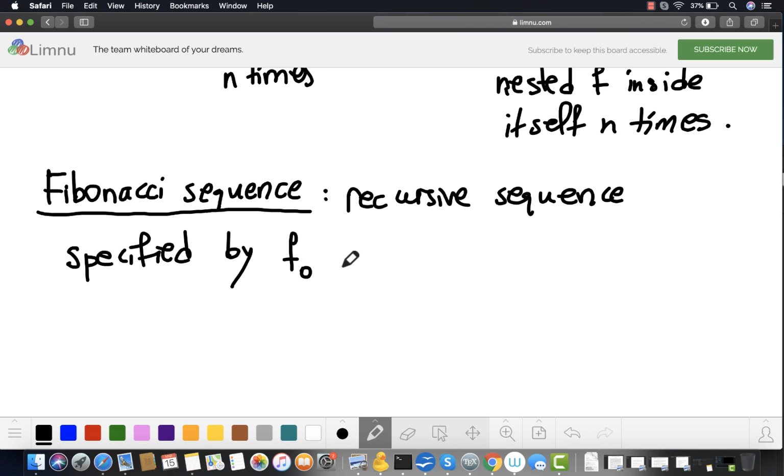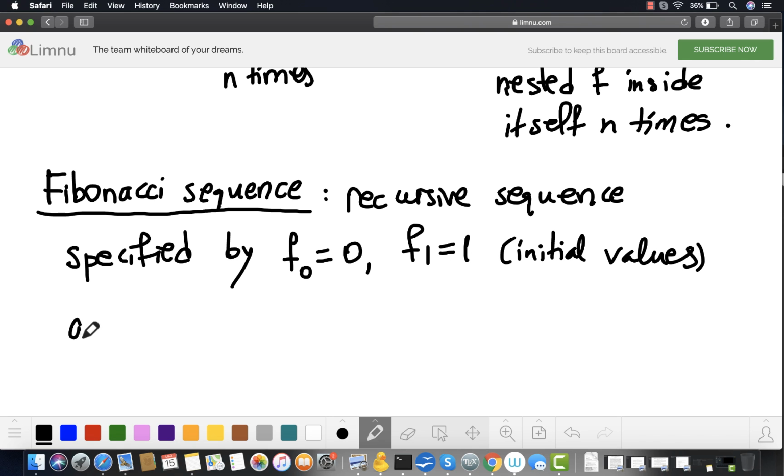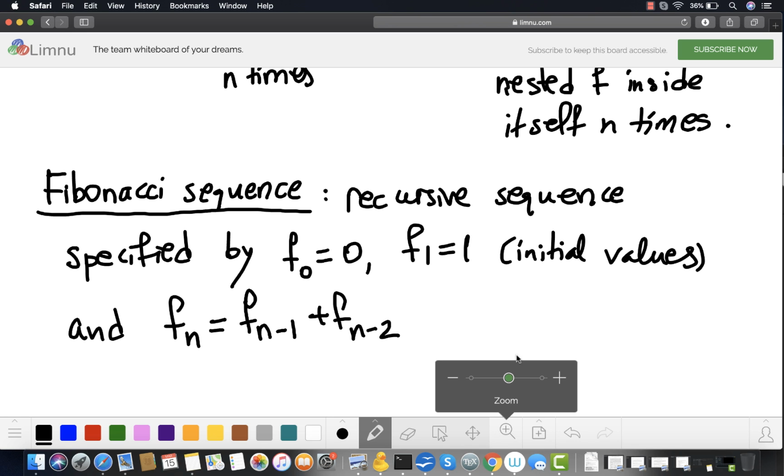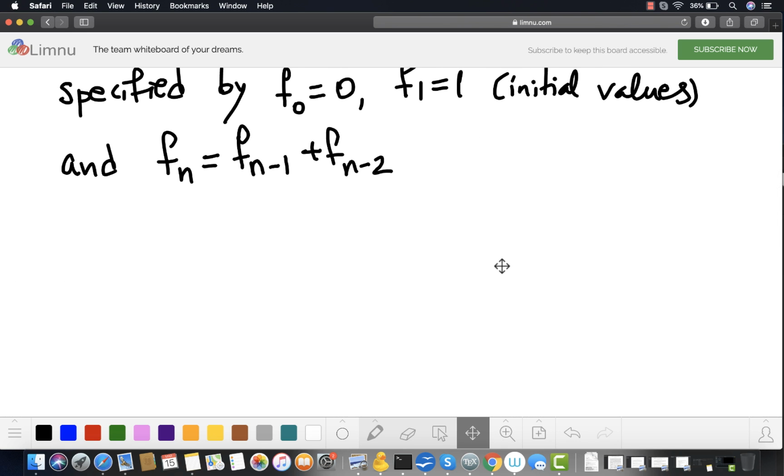The 0th term is just 0, and the first term is just 1. Those are my initial values. Those are given. And the nth term of the sequence is obtained by adding the previous two terms. So it's obtained by adding f sub n minus 1 to f sub n minus 2. Okay. So this is our recursive relation.